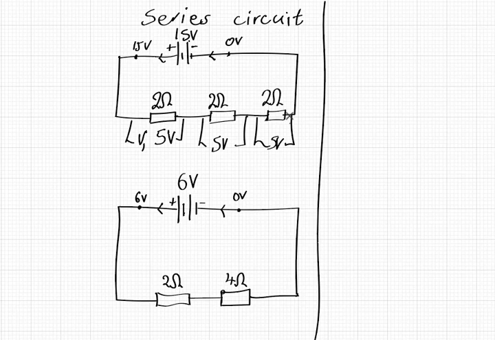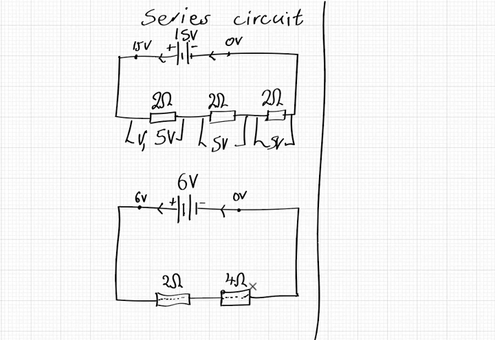It's not given 6 volts, it is given 6 joules. So as we can see, the amount of energy used to pass through this resistor is twice the energy that is going to be needed to pass through this resistor.